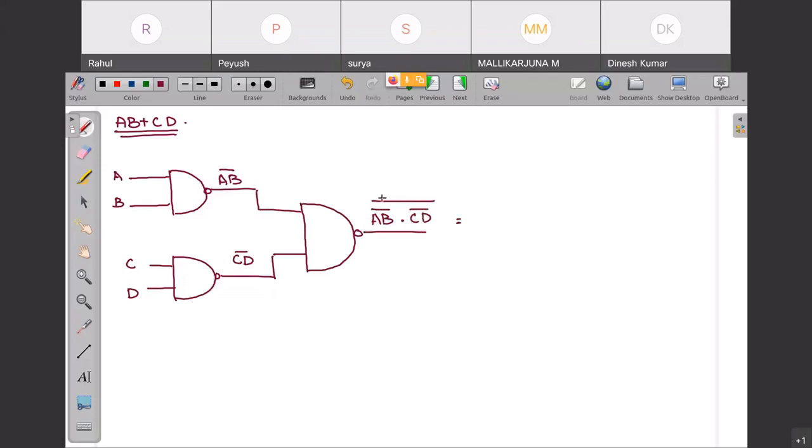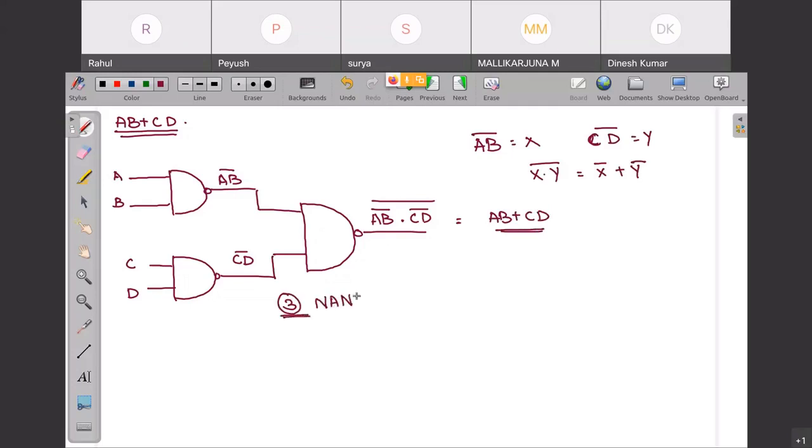If you solve this, let me consider AB complement as X, and CD complement as Y, then this is in the form of X dot Y whole complement, which I can write as X bar plus Y bar. So this will again become AB plus CD. So for constructing such a structure, we always require 3 NAND gates.